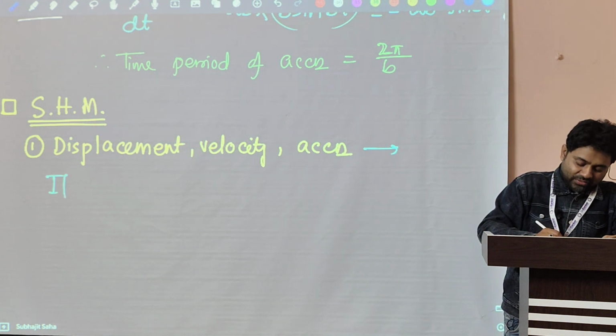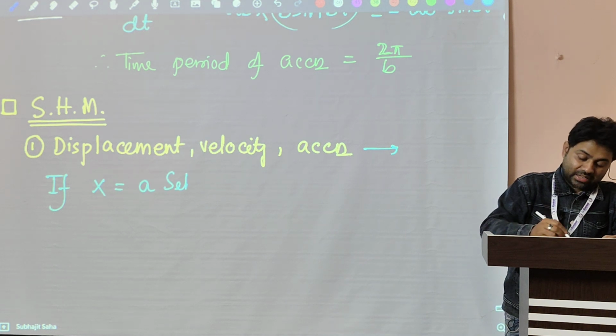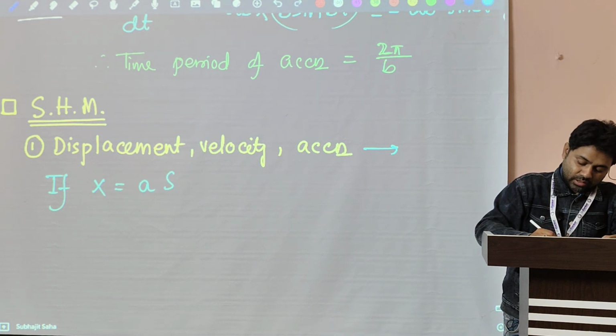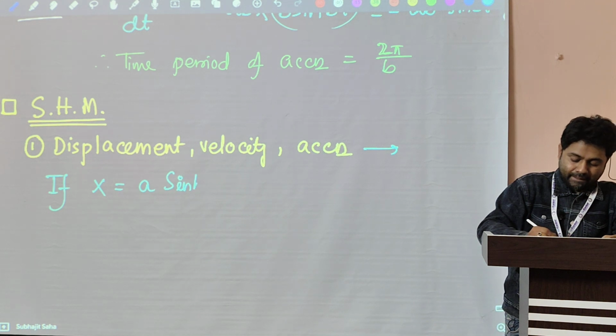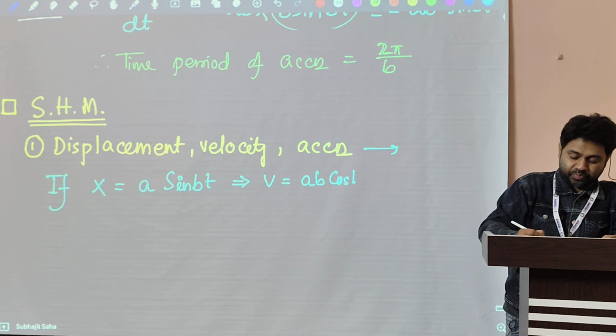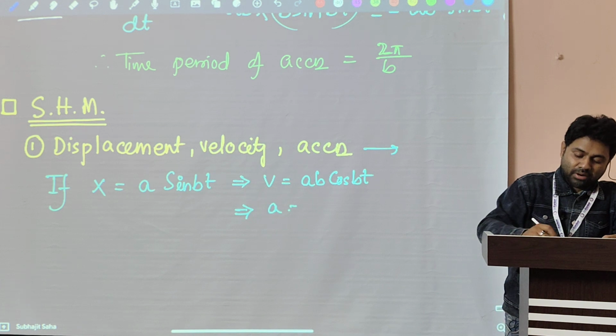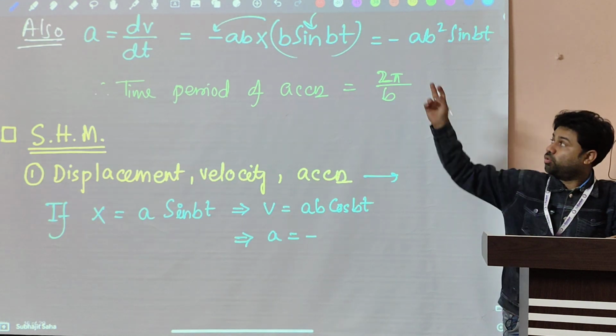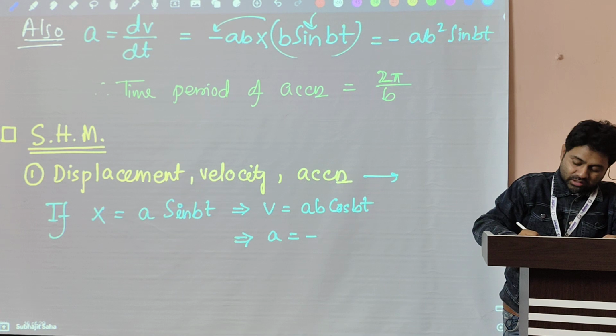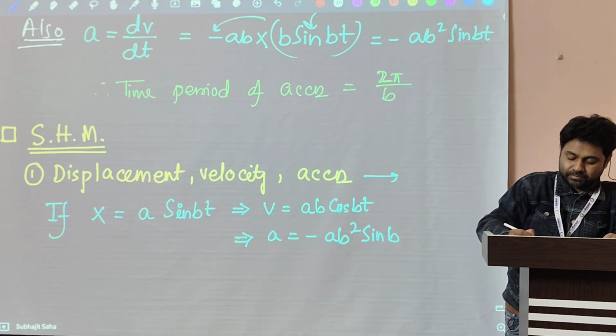We have seen if the displacement of a particle x takes the form x equals a sin bt, its velocity comes out to be ab cos bt, and subsequently the acceleration comes out to be minus ab² sin bt, already written on the board, look at the top right corner.